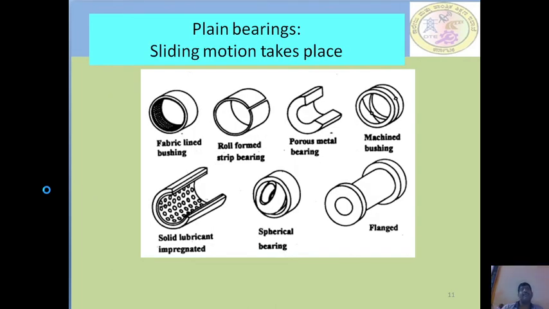These are all plain bearings in which sliding motion takes place. You see the figure, which clearly indicates plain bearings with sliding motion.